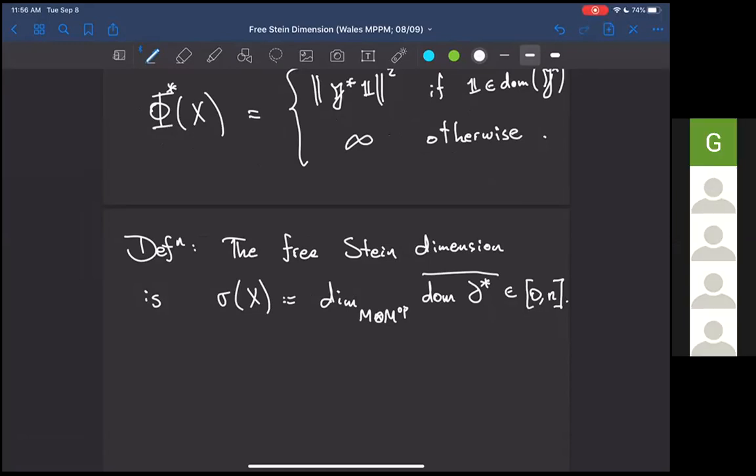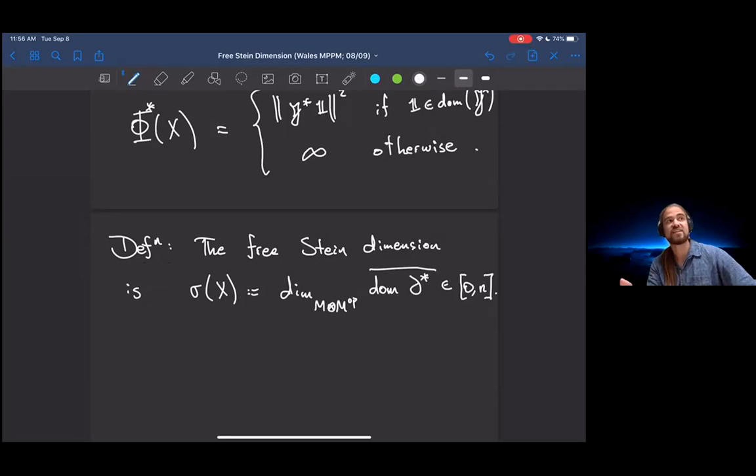So as soon as you have finite Fisher information, you can show that this quantity is maximized. But it's possible that there's some obstruction to conjugate variables existing, and this measures sort of how close you can possibly come in a certain sense.